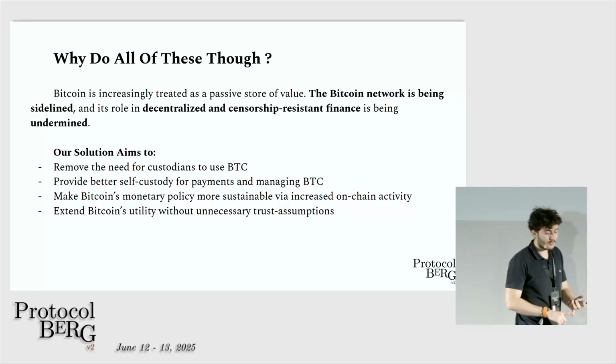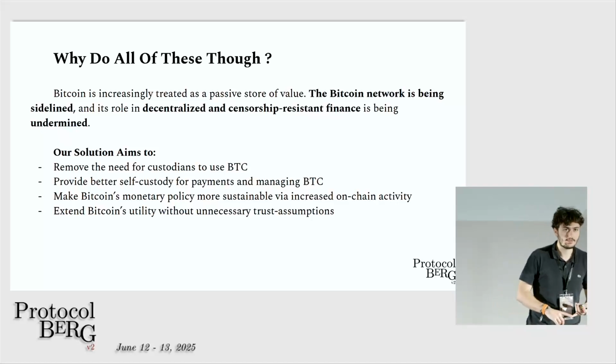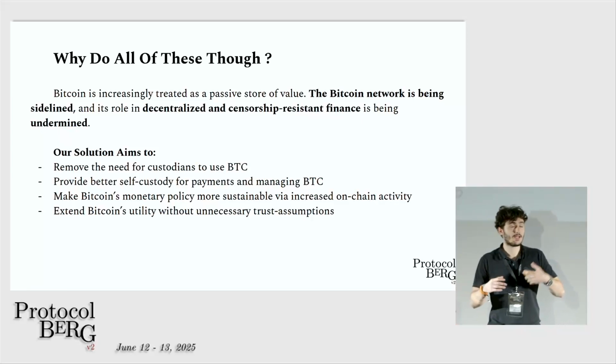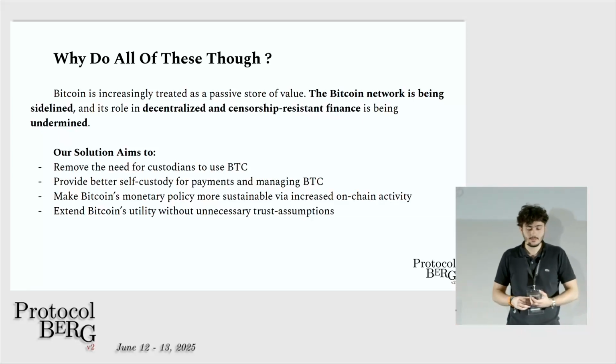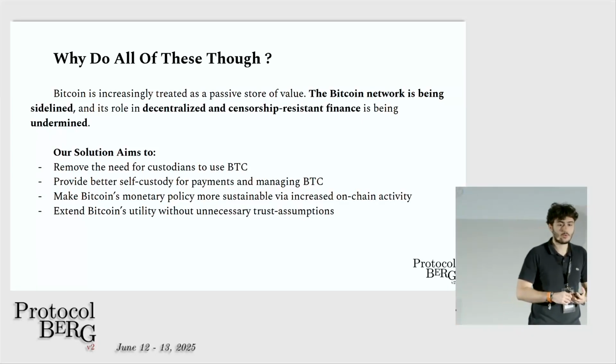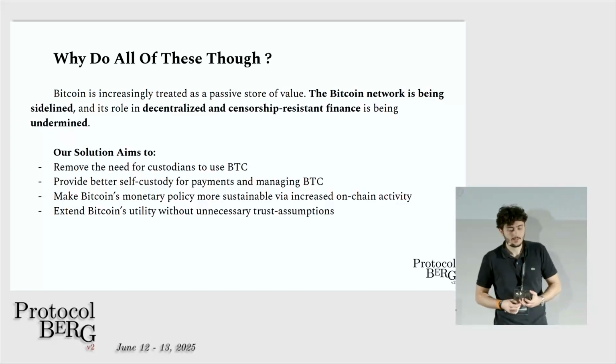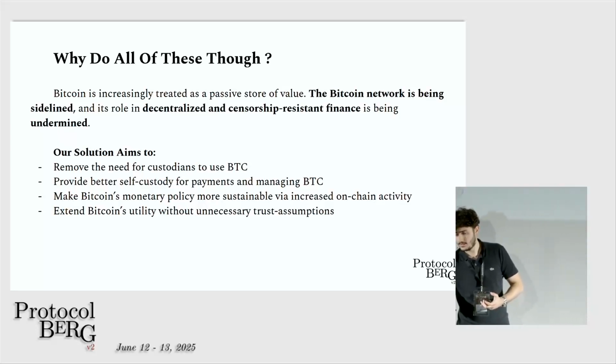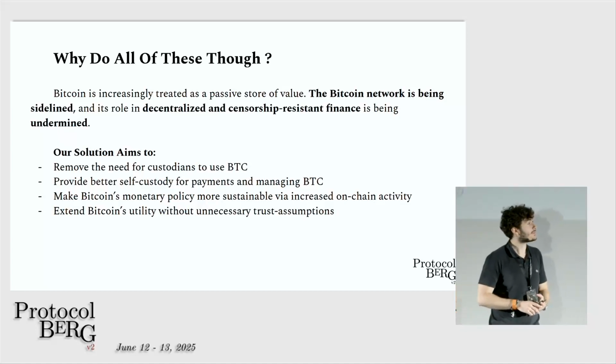We want to provide better self-custody for Bitcoin. For example, on Citrea, you can have smart contract account abstraction, right? That's going to be a much better Bitcoin holding experience for everybody. I guess we don't have much time yet, so I can take questions if anybody has any.